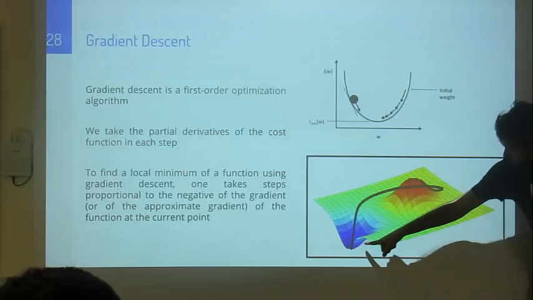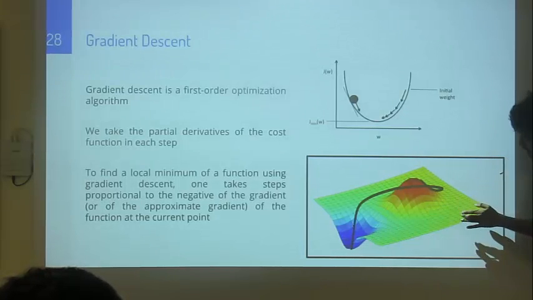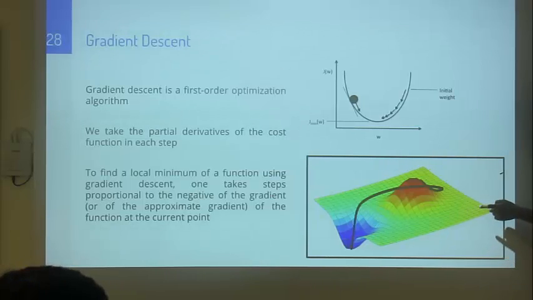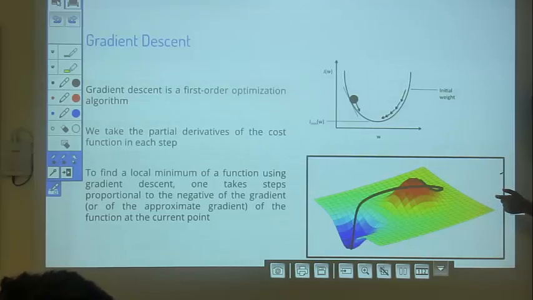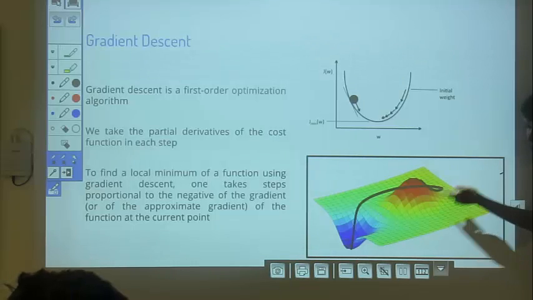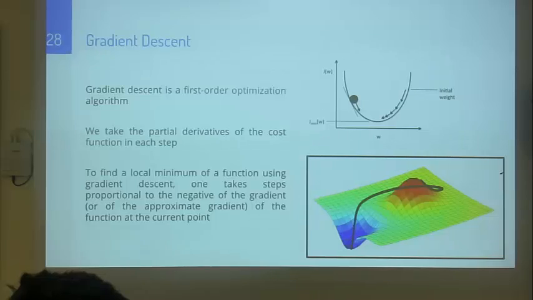To find the minimum, can someone tell me what this graph is? Is it two-dimensional or three-dimensional? What are the three dimensions? X, Y, and Z. It's not four dimensions, it's three dimensions.